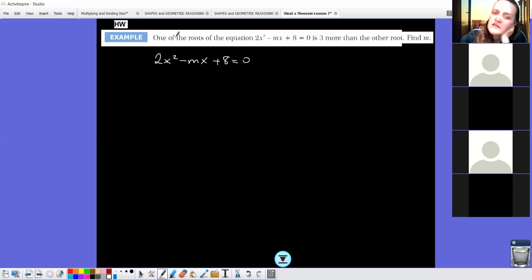And what it says, one of the roots of the equation is 3 more than the other root, if the roots are x1 and x2. So we'll say x1 is equal to x2 plus 3. One of the roots is 3 more than the other root.